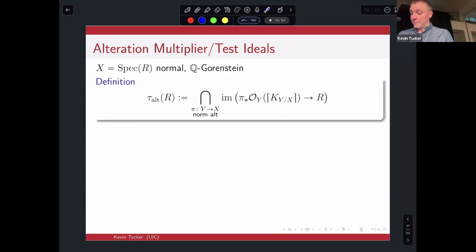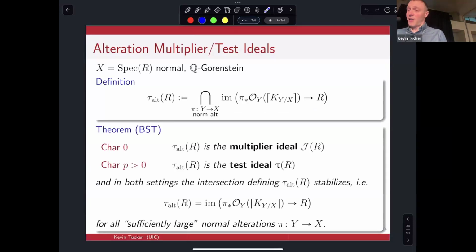All right, so the definition as I put it up here doesn't even reference the characteristic, so it's natural to ask what it gives you in characteristic 0 and characteristic p first, before going to mixed characteristic. And a theorem of myself with Blickle and Schwede says that in characteristic 0, maybe this is not surprising, the finite maps all split, so this tau alt gives you back the usual multiplier ideal we had before.